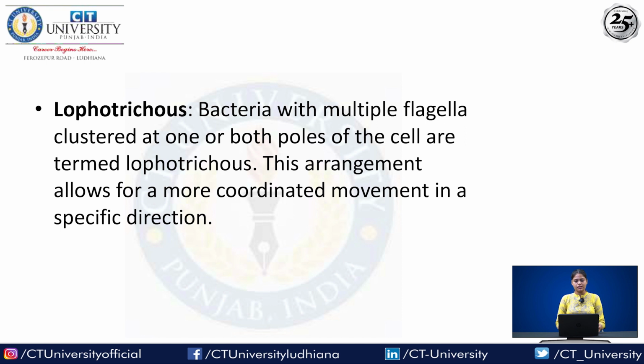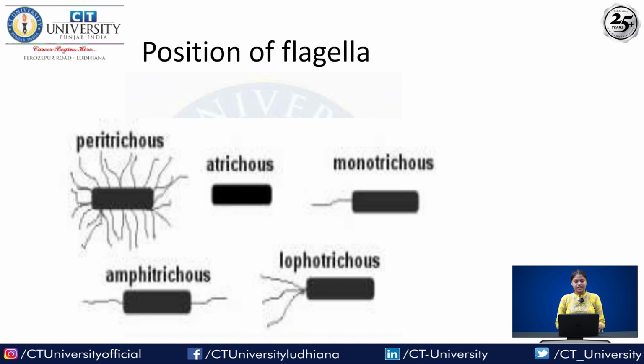These are the structures showing the different kinds of flagella on the bacterial body. Firstly, peritrichous, where the whole body is covered with flagella. Atrichous, no flagella is there. Monotrichous, only one flagellum is there. Amphitrichous, two flagella are present in two different directions. Lophotrichous, a bunch of flagella is present.